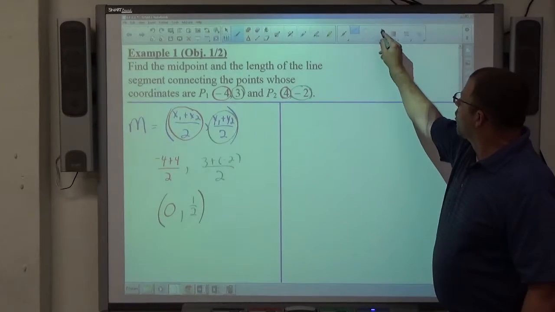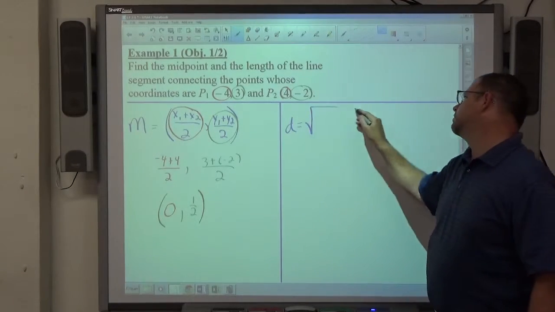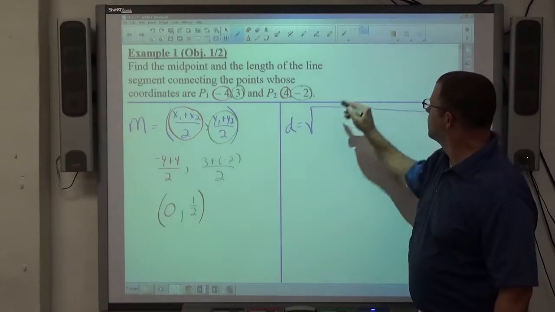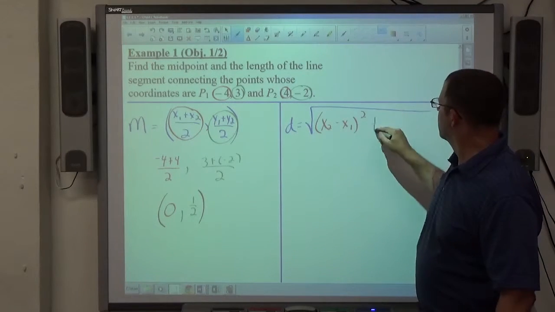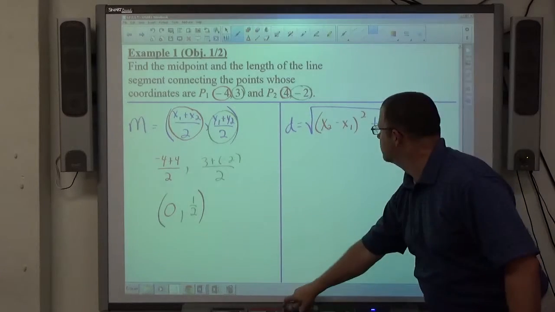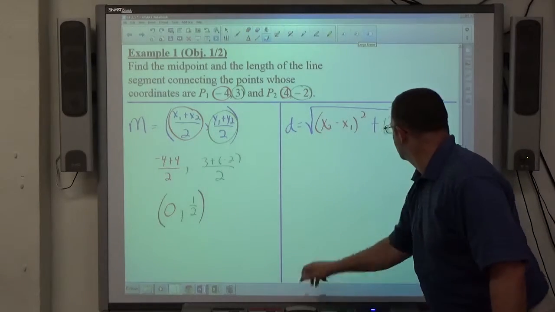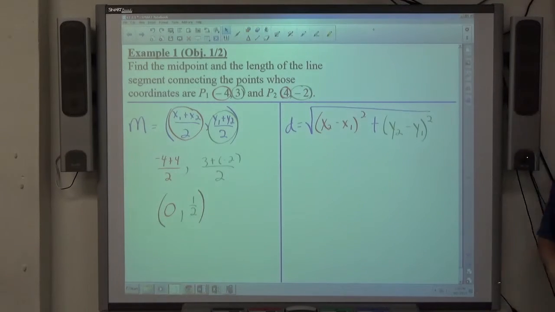The distance formula, which we've seen before in Algebra 1 and again in Algebra 2. Oops. There's the distance formula.